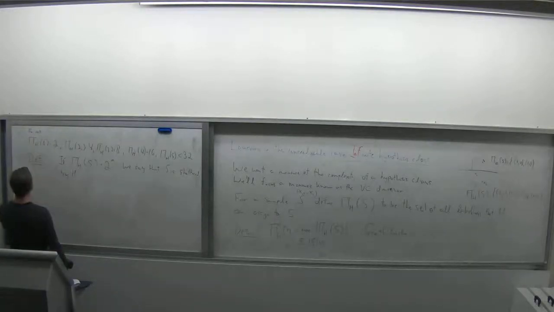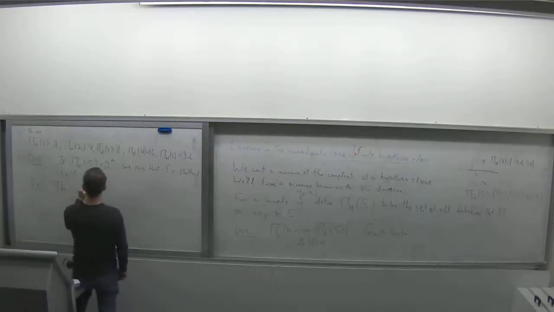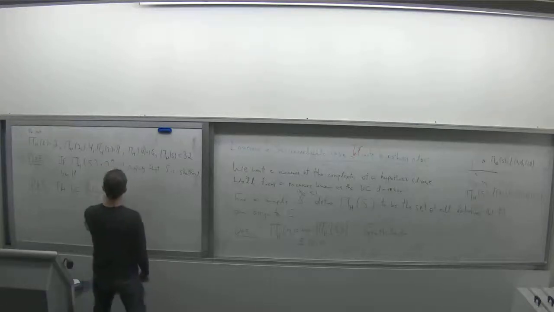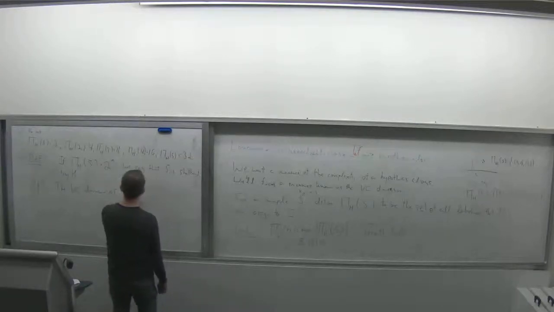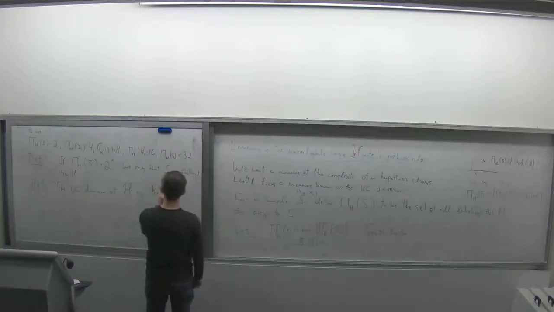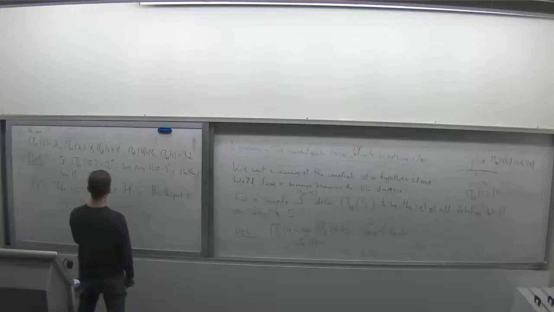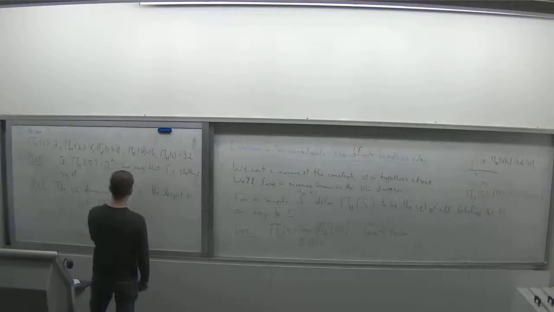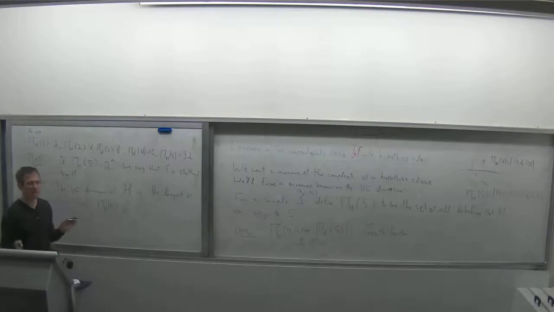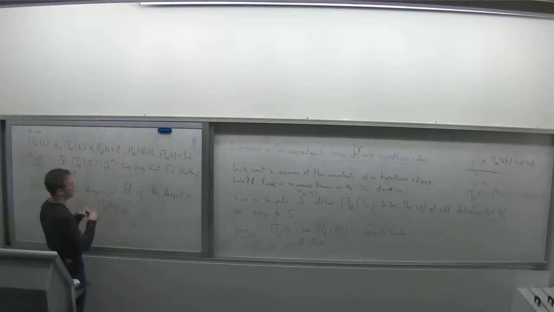Okay, so now we're ready for the definition of the VC dimension. The VC dimension of a hypothesis class H is the largest n such that pi_H(n) equals 2 to the n. So it's essentially the largest sample that you can shatter, or the largest sample for which you can apply all different labels.